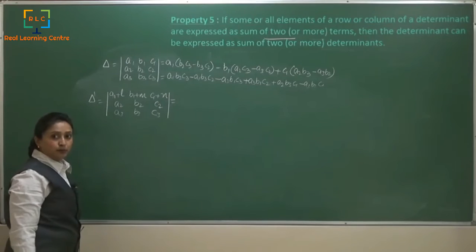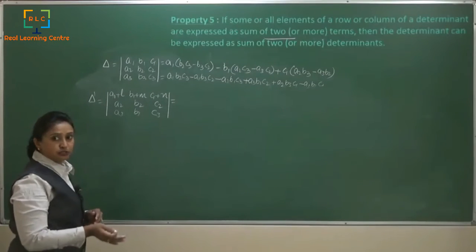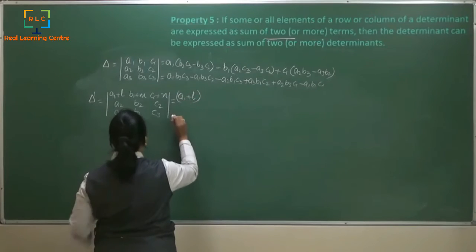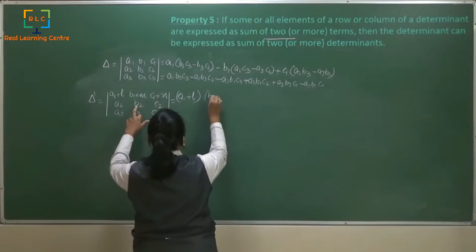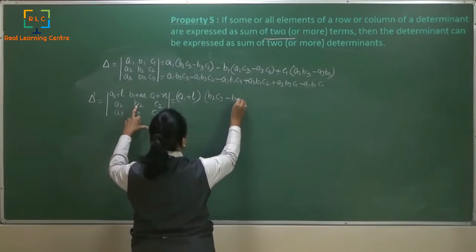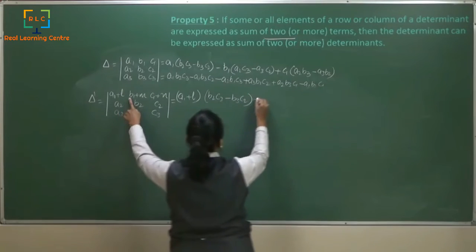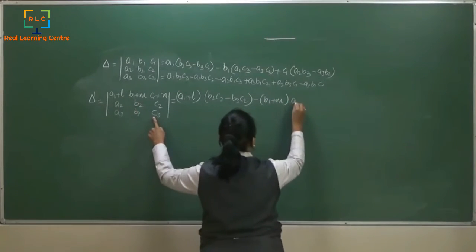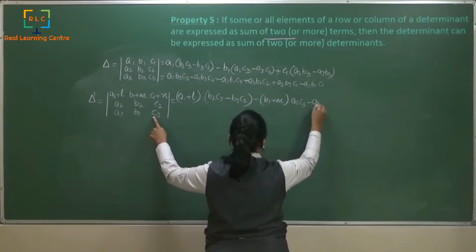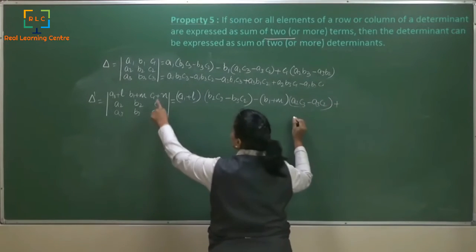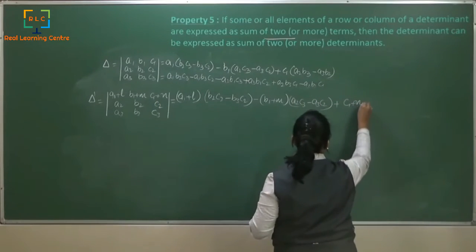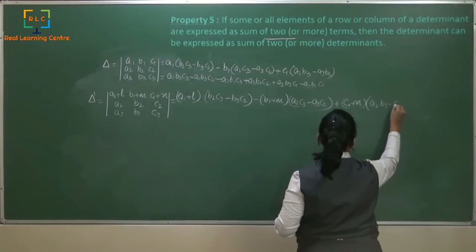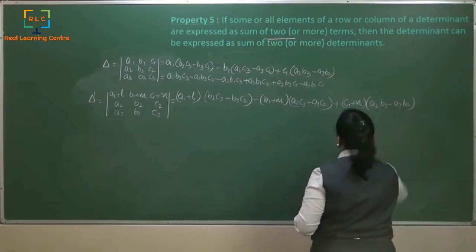Okay. Now how do I push it? I will expand as usual. So that will be A1 plus L into B2 C3 minus B3 C2. Next, minus of B1 plus M into A2 C3 minus A3 C2, plus C1 plus N into A2 B3 minus A3 B2.